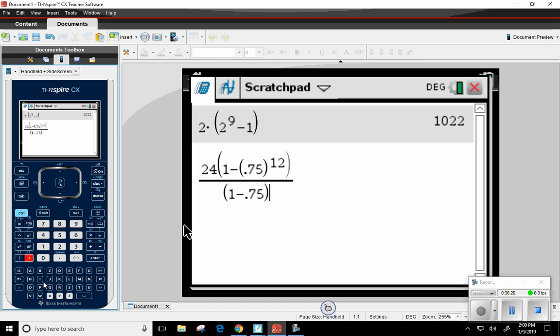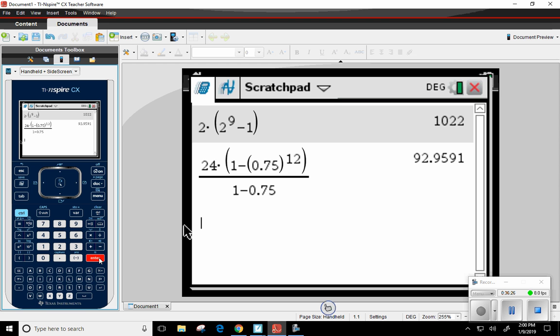Okay. Did everybody agree? Okay. So what am I getting when I push enter? Okay, so 92.9591. So I'd probably say 93 if you were to go ahead and round it.